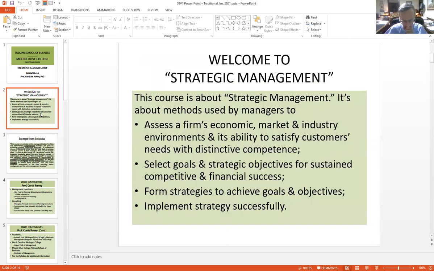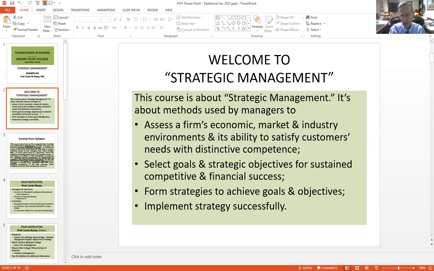There we go. So it's a course about strategic management and methods used by managers to take a look at the firm's external environment and understand it in the economy, market, and industry. And then to assess also the firm's competences or capabilities to meet the needs and requirements and limitations in that external environment.